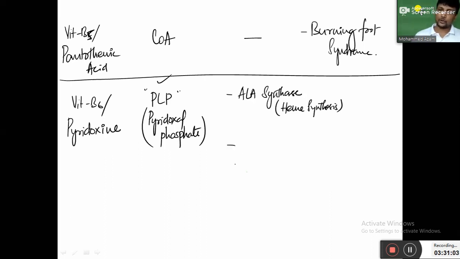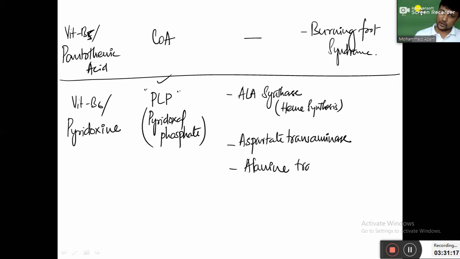Apart from that, you know, AST and ALT: aspartate transaminase and alanine transaminase. These two enzymes you will see in the liver function test, LFT.